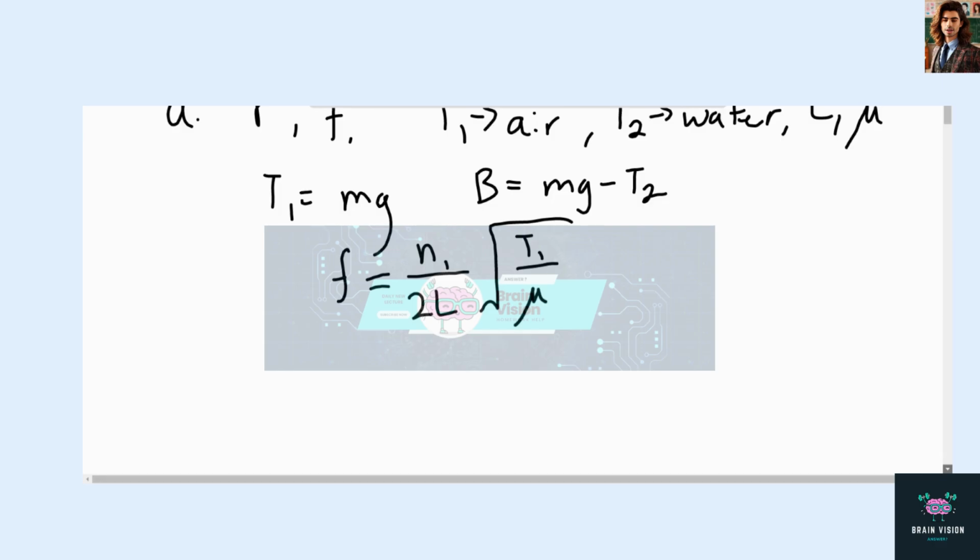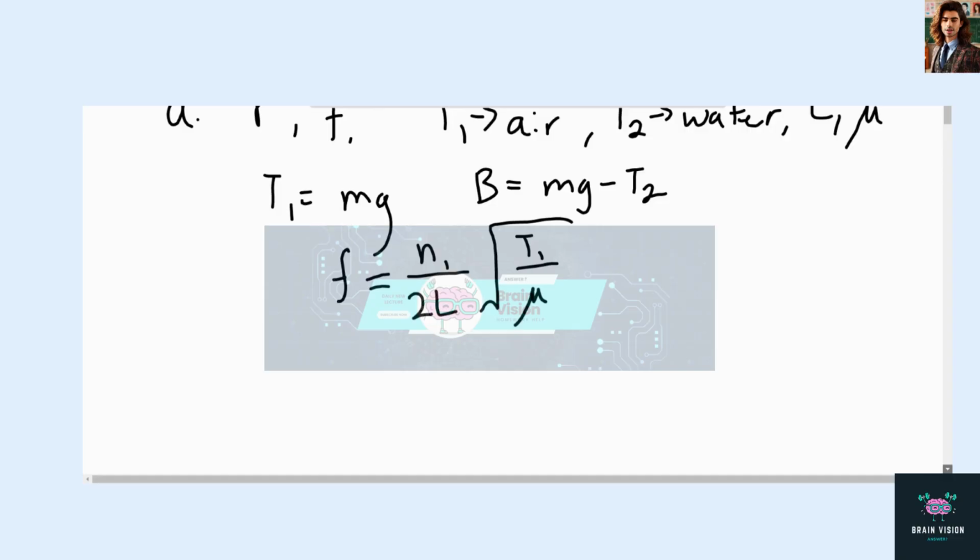This comes from taking v divided by lambda, multiplied by n, which gives the frequency of a mode of vibration in a string under tension. V, of course, is the square root of the tension force over mu, and the 2L comes from the length of the string and the full wavelength.